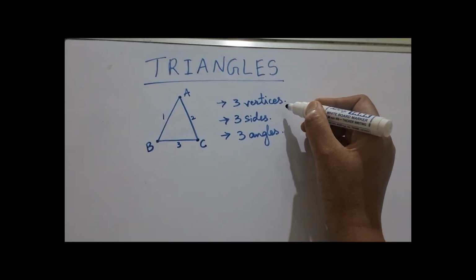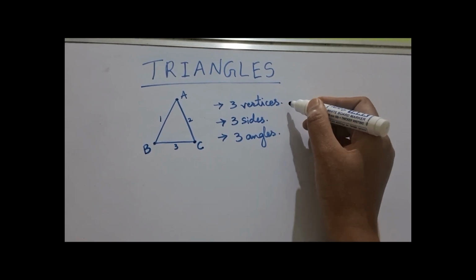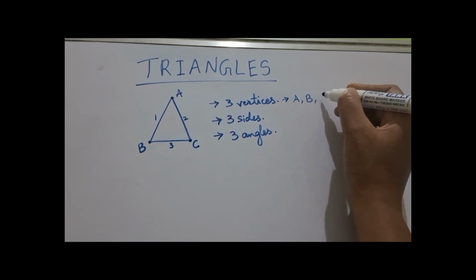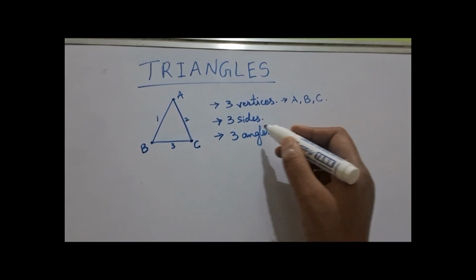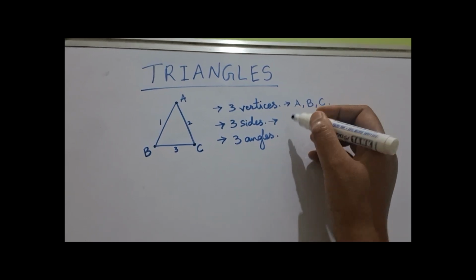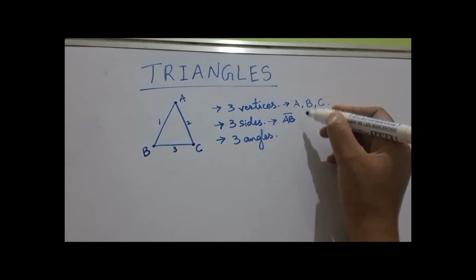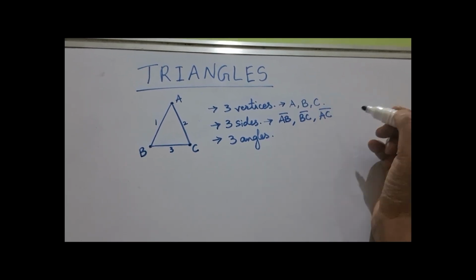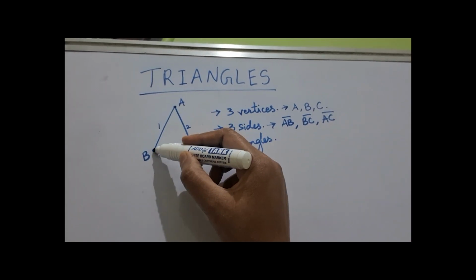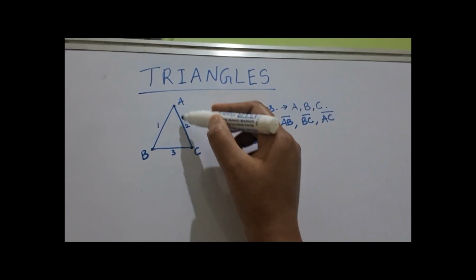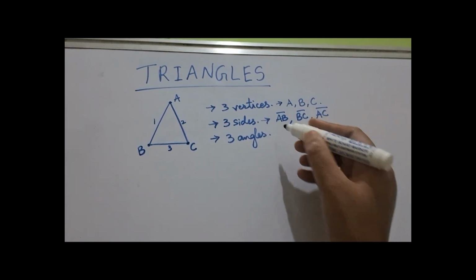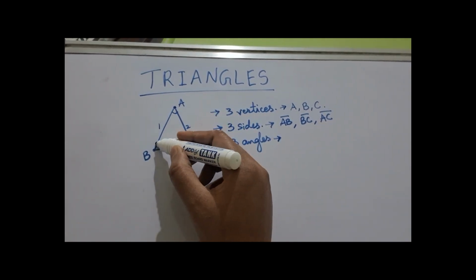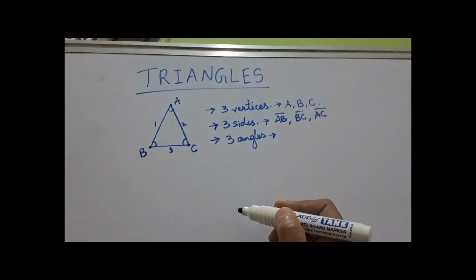The names given to the 3 vertices of this triangle are A, B and C. And the 3 sides are named AB is one side, BC is another side and AC is another side. Right? AB, BC and AC. These 3 sides. Next, 3 angles. Here we can see that 3 angles are there in a triangle.